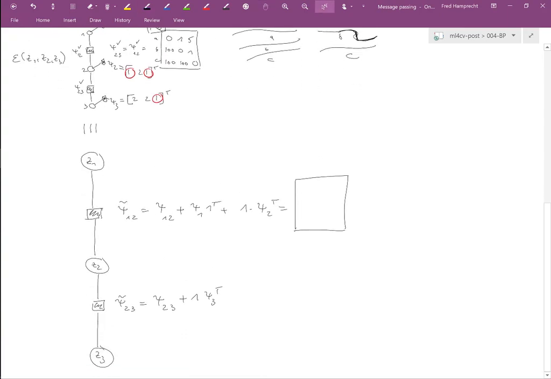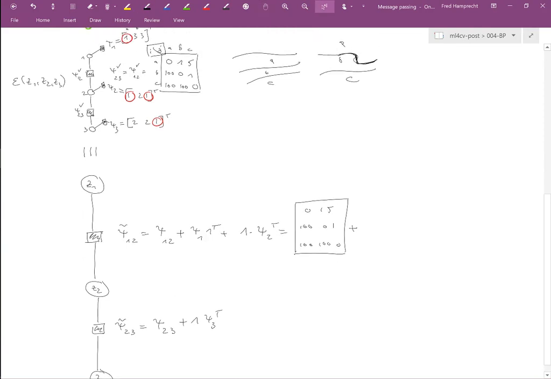So psi12, I'm just copying from the top, was 0, 1, 5, 100, 0, 1, 100, 100, 0. This was psi12 plus. Now my vector psi1 was 1, 3, 3. And I'm multiplying it with a row vector of 1s to replicate it, and this gives me 1, 3, 3, 1, 3, 3, 1, 3, 3.